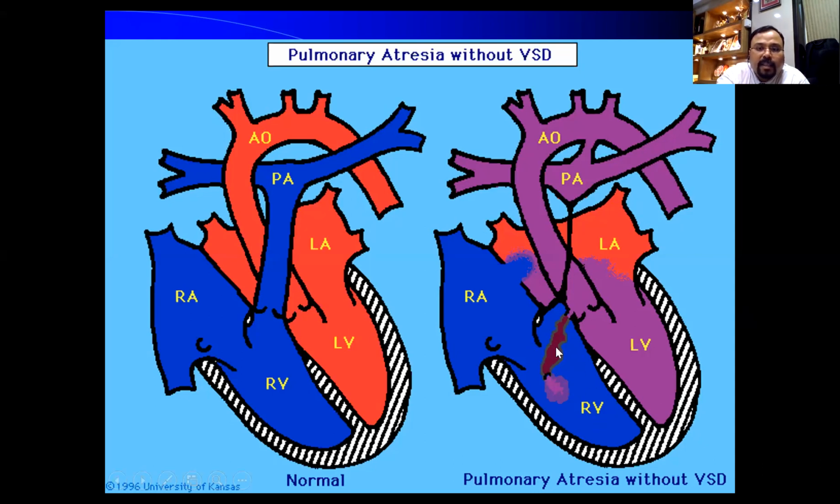And here you can see this is RV dependent coronary circulation, RVDCC. So before sending for surgery like BT shunt or Glenn shunt, CT angiography is required in this child to rule out RV dependent coronary circulation.